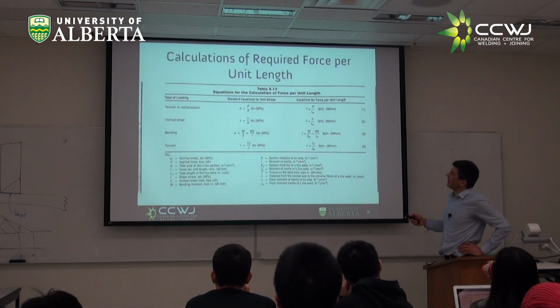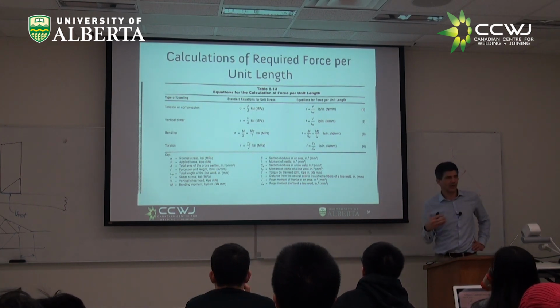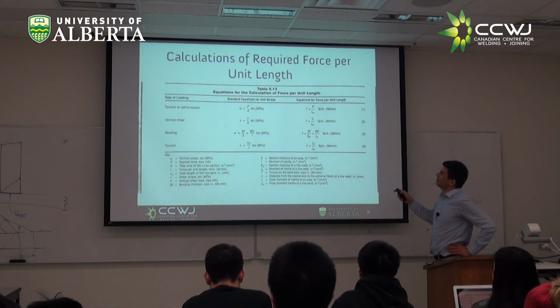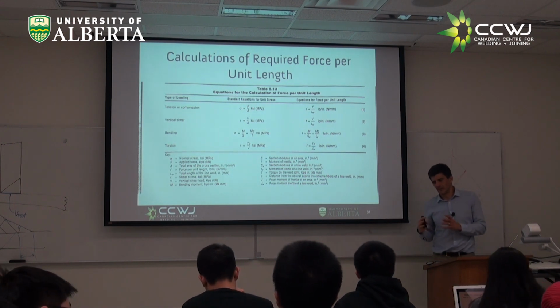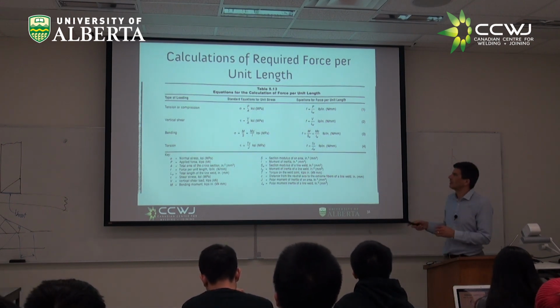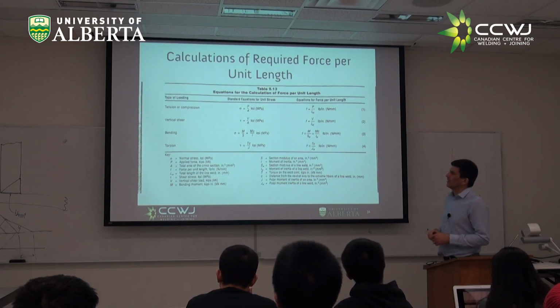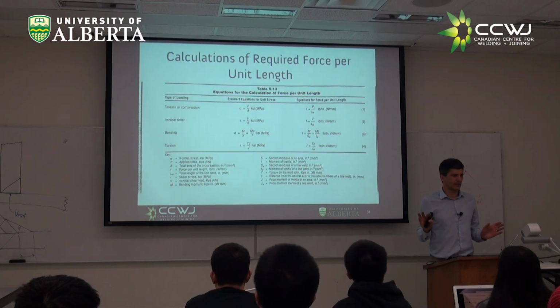So what they did, using the concept of force per unit length of weld as a line, they said, depending on the type of force we have, that determines what formula we use. If I say tension or compression, you would know what I'm talking about, right?